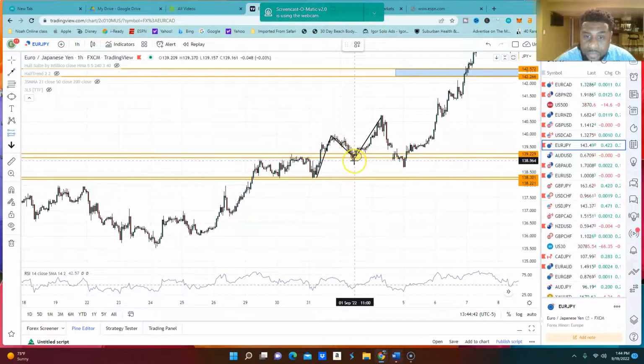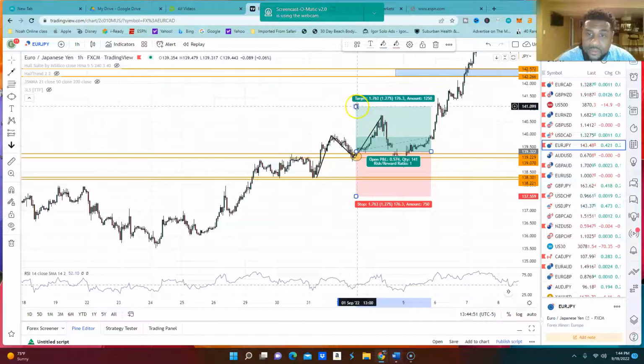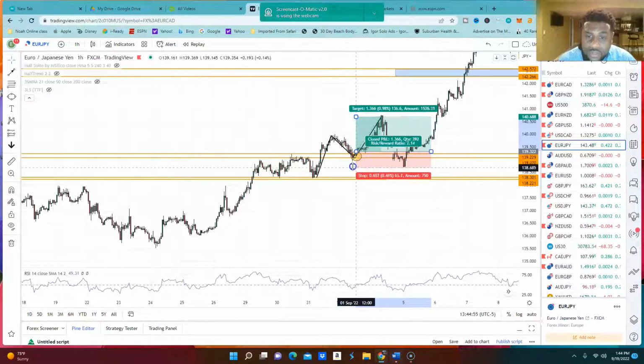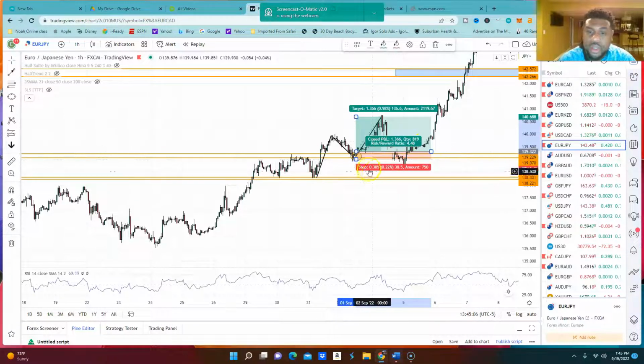Once it retested, I like to get a close back out of the zone, even though it already retested and rejected. Let's just say I decided to go right there, okay? And let's say I went with a 30 pip stop loss, let's say 30 pips, okay, we got 30 pips.